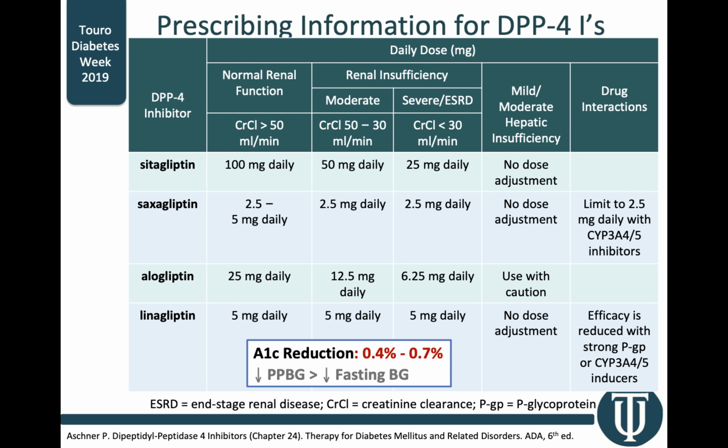In terms of A1C reduction, they're not that potent to reduce A1C. So at most, probably you see a 0.7% reduction. And to be more specific in terms of controlling blood glucose, if you want to see a drop or control postprandial blood glucose, you might want to consider a DPP-4 inhibitor for a patient.